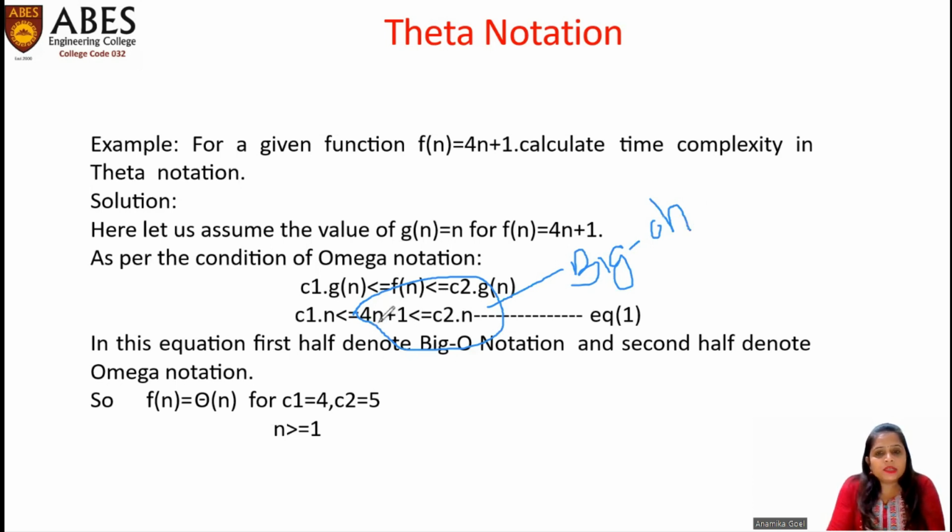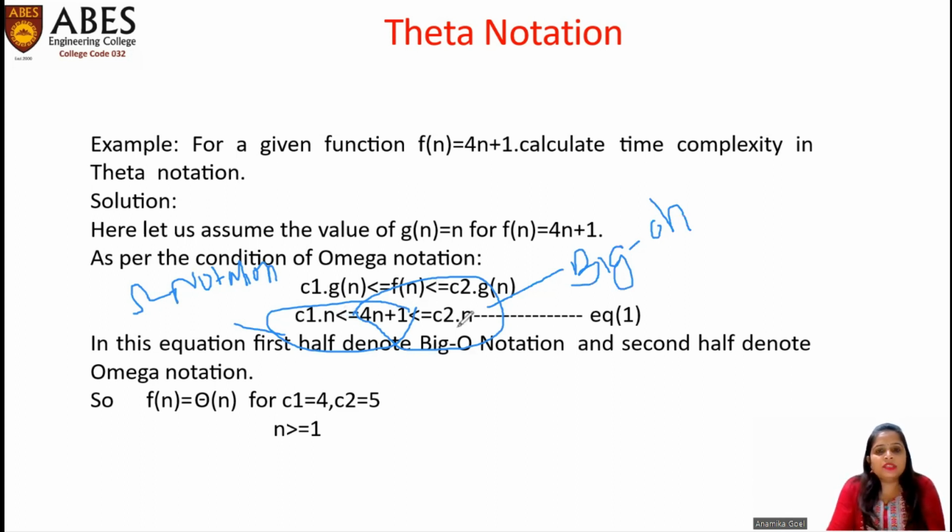In equation number 1, the first half, c1 times n is less than or equal to 4n plus 1, represents omega notation. We already solved it. In that case, the value of c1 is equal to 4 and n is greater than or equal to 1.